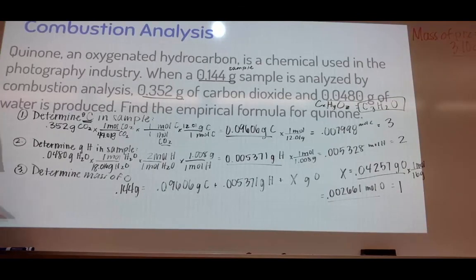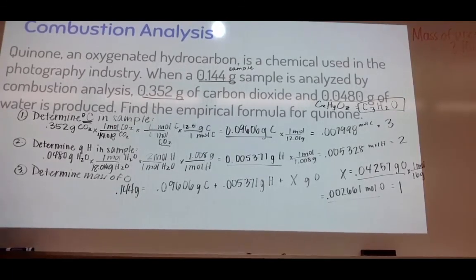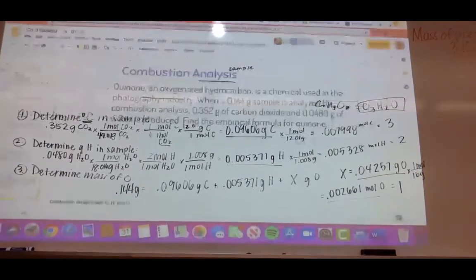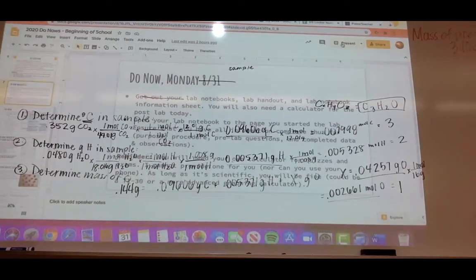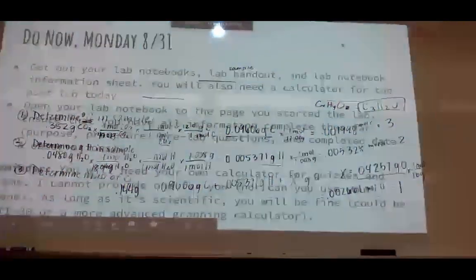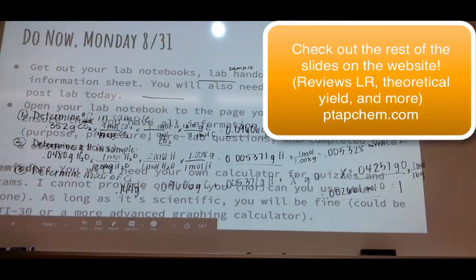Tomorrow we'll focus on Chapter 4, but as you work through, if you have questions, please just send me questions via email or Remind. I think that's it. There's review questions. On the website, if you go to summer work, and then there's a tab that says test reviews, there are practice questions for 1 and 2.